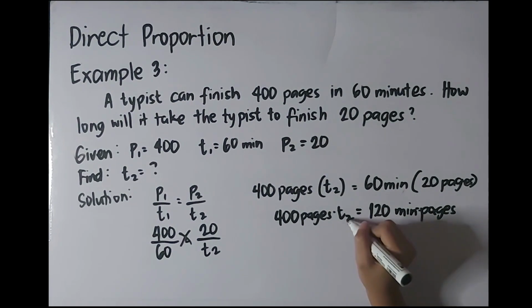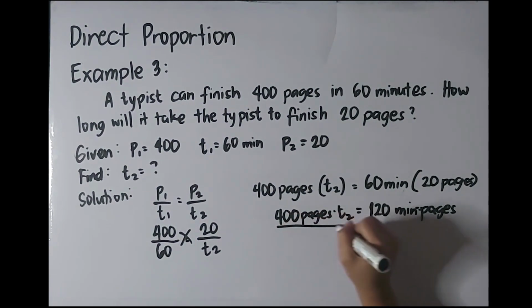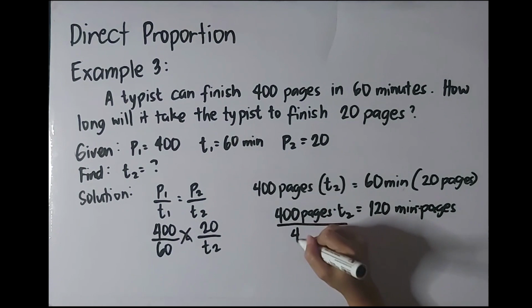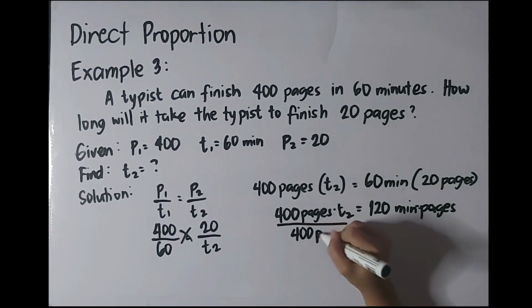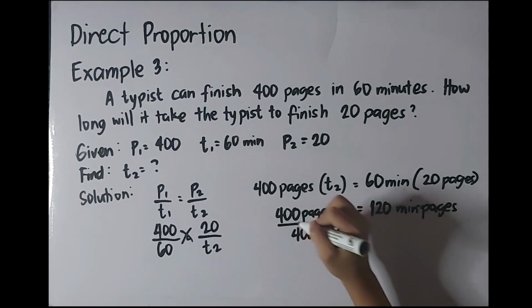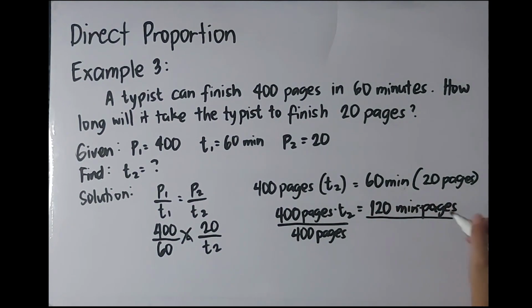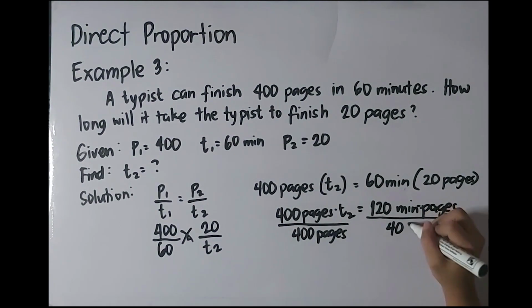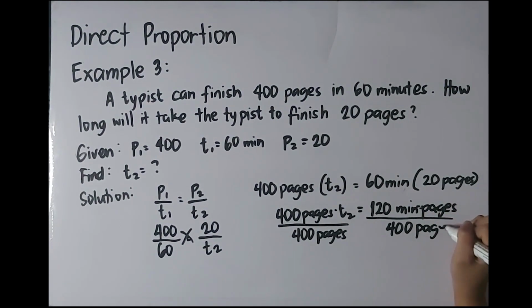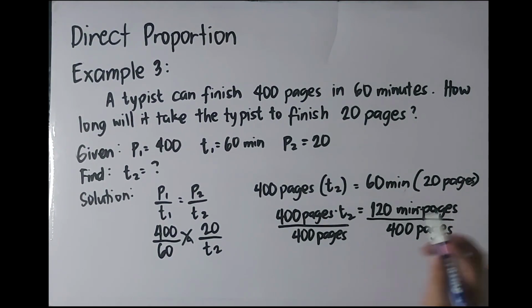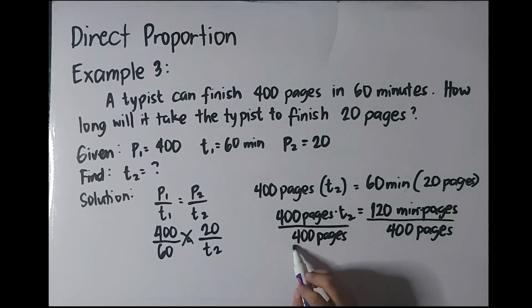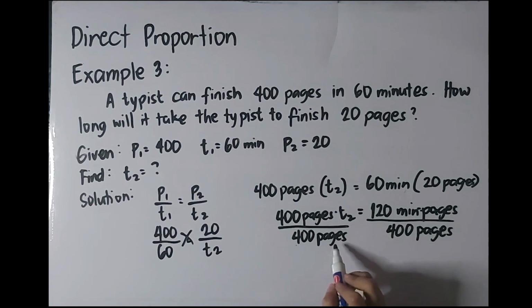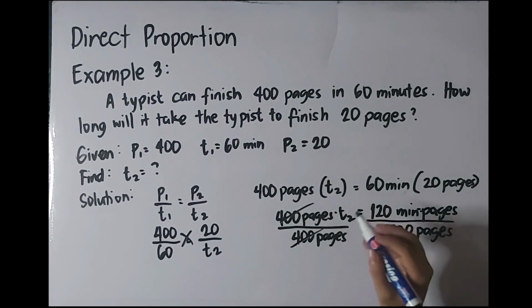So for us to get the value of T2, we need to divide both sides by 400 pages. So we have 400 pages divided by 400 pages, that is equal to 1. So we just simply cancel it out.